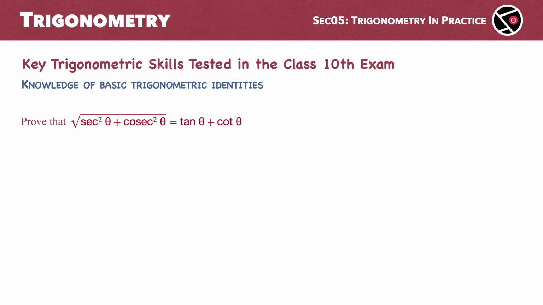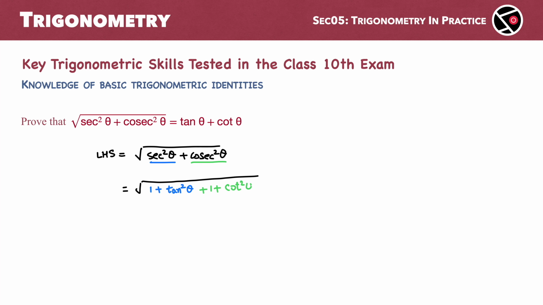Alright, let's start with the left hand side. We know that sec²θ equals 1 plus tan²θ and cosec²θ equals 1 plus cot²θ.